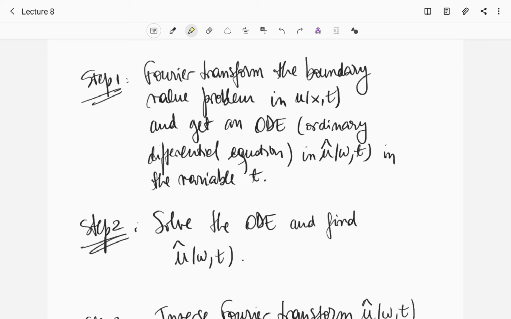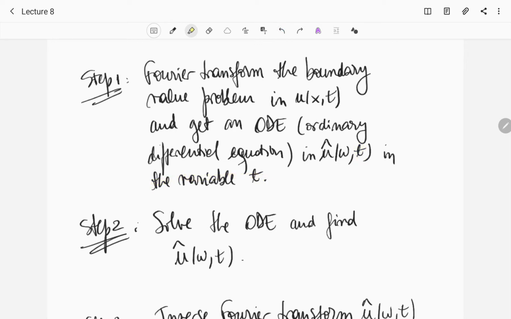So this is exactly the same spirit, because we start with the partial differential equation, but after Fourier transforming, here we are not separating the variables, now the technique is Fourier transforming the problem, we will get an ordinary differential equation in terms of this new function, the Fourier transform of u in omega, t, where the ODE is in the variable t.